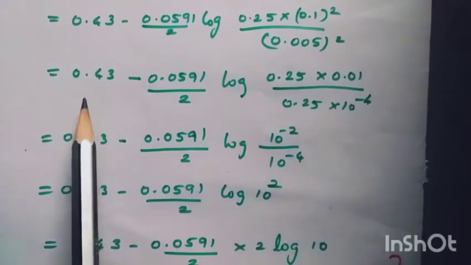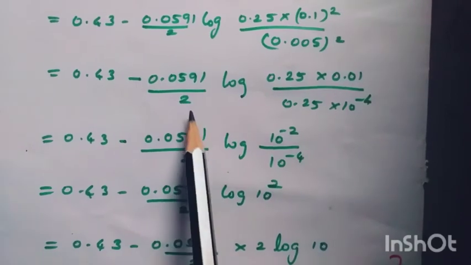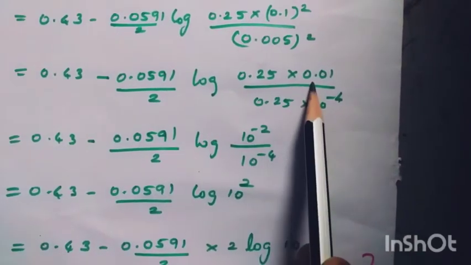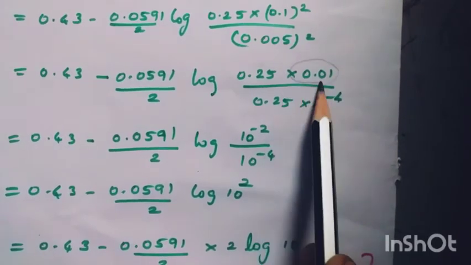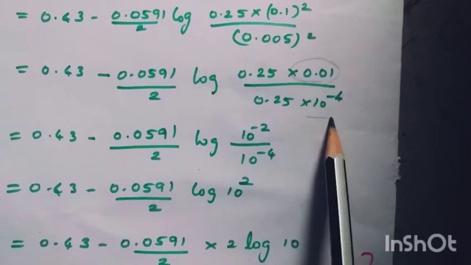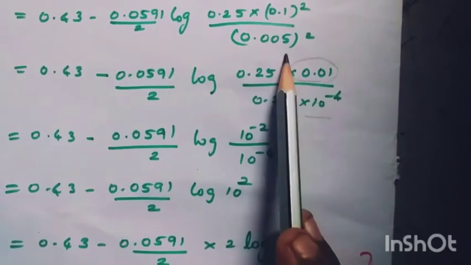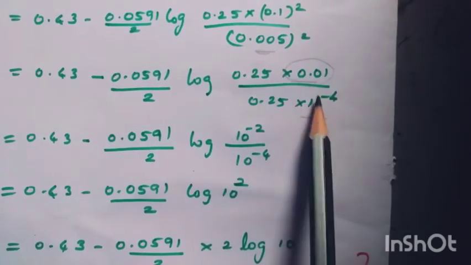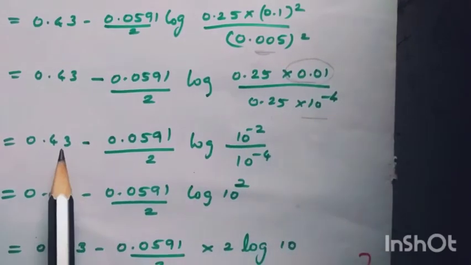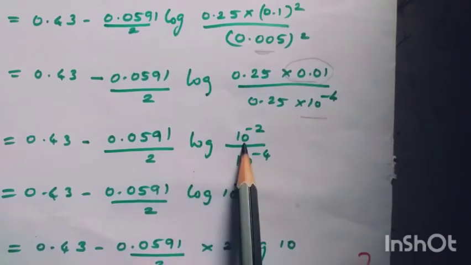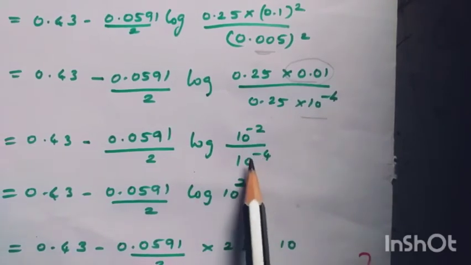So 0.43 minus 0.0591 by 2 log of 0.25 into 10 power minus 2. This is nothing but 10 power minus 2, no? This is 10 power minus 4 into 0.25. 5 5s are 25, no? So this is equal to 0.43 minus 0.0591 by 2 log of 10 power minus 2 by 10 power minus 4.